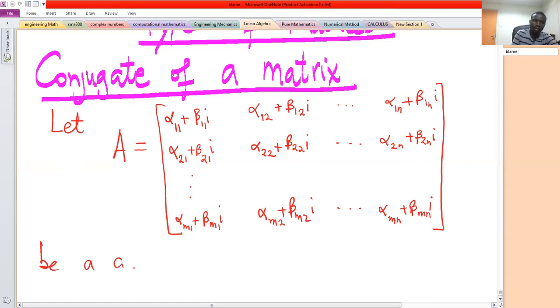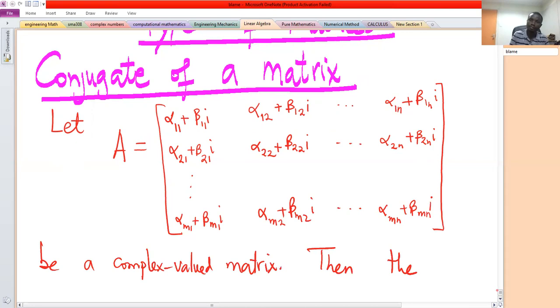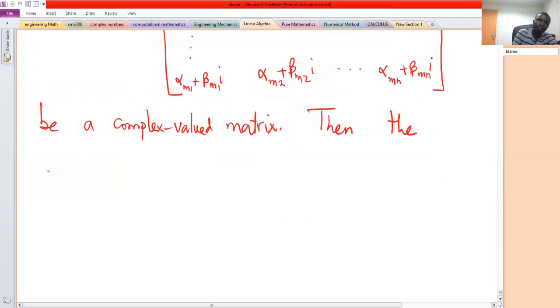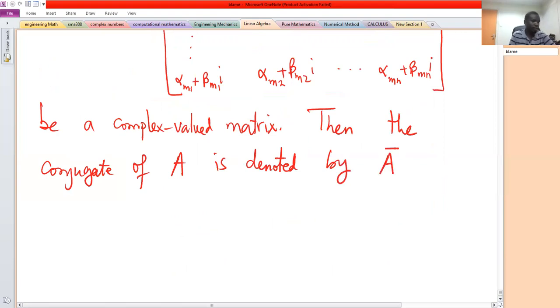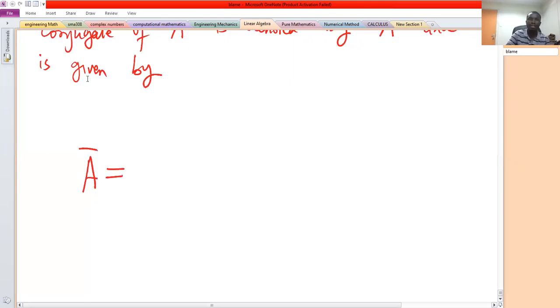Let A be a complex valued matrix. Then the conjugate of A is denoted by A with a bar on top, and is given by, simply, the way we deal with complex numbers, you get the conjugates of these elements.